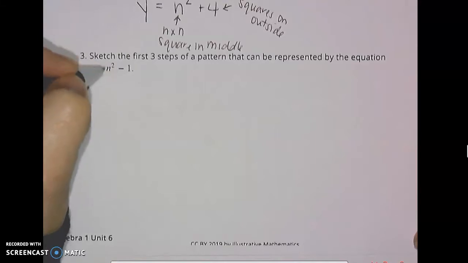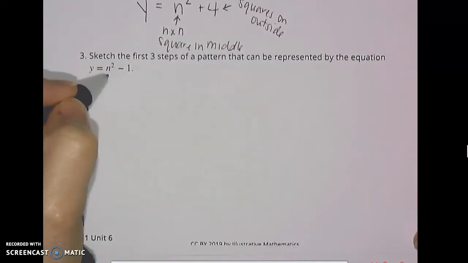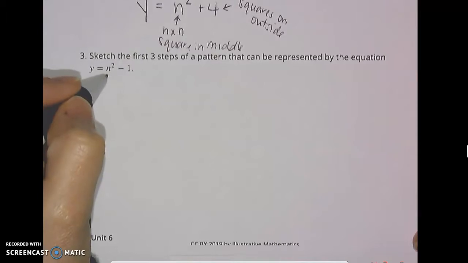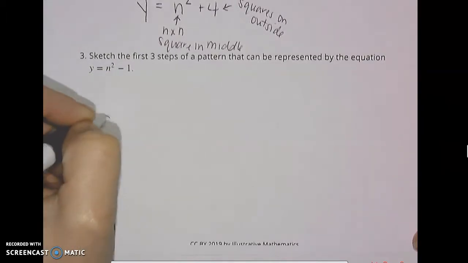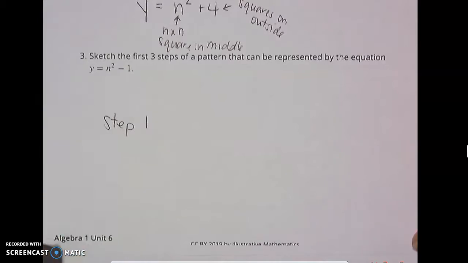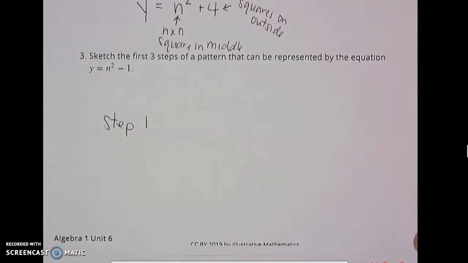So if we're using that whole idea of n squared, that means that the first step would be 1 squared minus 1. Well, if we're actually doing that in step 1, we would have nothing there, right? 1 squared minus 1 means that there's nothing there.